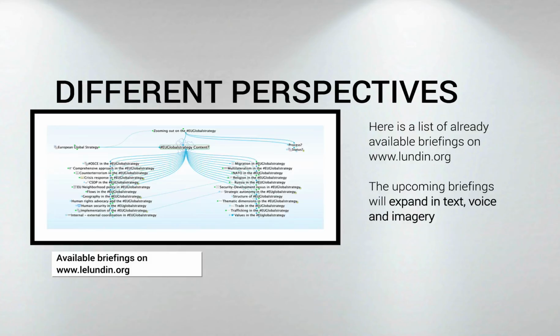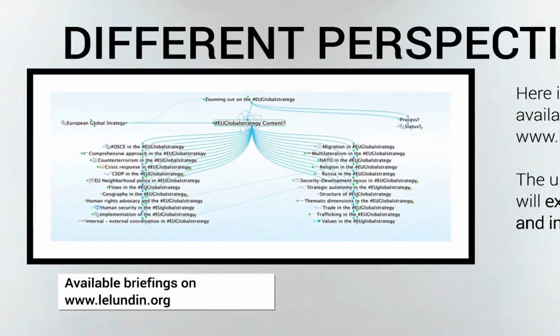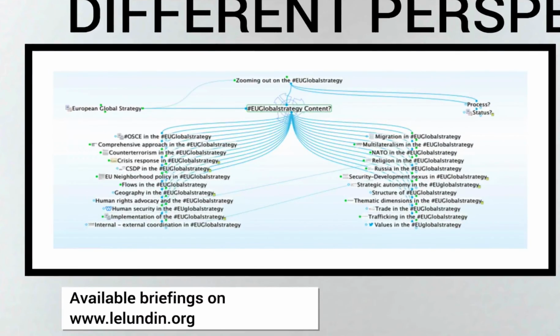I have started already through the summer putting forward brief presentations on the internet on my website, ellilundin.org, on different perspectives on the strategy, ranging from the global strategy seen from an OSCE perspective, looking at it from a counterterrorism perspective, from the perspective of CSDP, from a geographic perspective, from the perspective of human rights advocacy, human security, the issue of internal-external coordination, the very topical issue of migration, and what about multilateralism, what about NATO, given the NATO summit this summer, what about religion, what about Russia, what about the security development nexus?